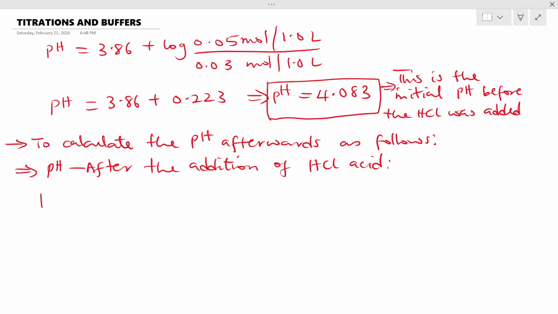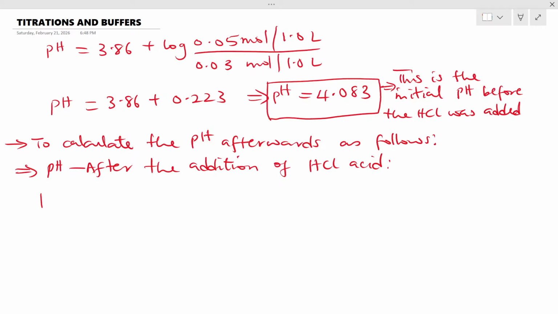So right here you find out how much of the lactate is actually converted to lactic acid, then we'll recalculate the mole ratios so as to find the new pH, the change, right?